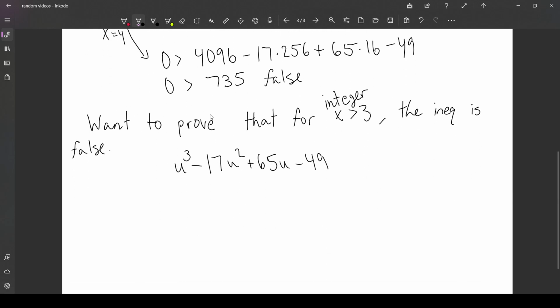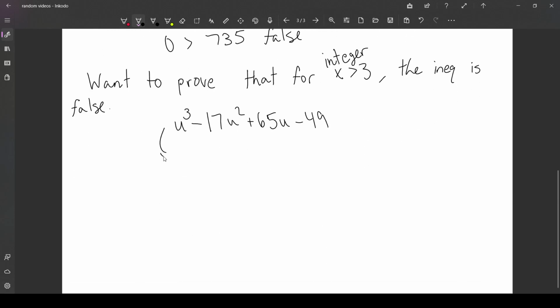So we want to find when this function is increasing. So we take a derivative, right? So d/du is 3u squared minus 34u plus 65.